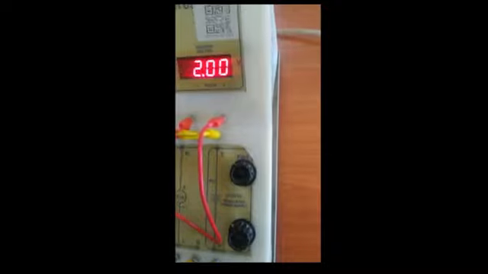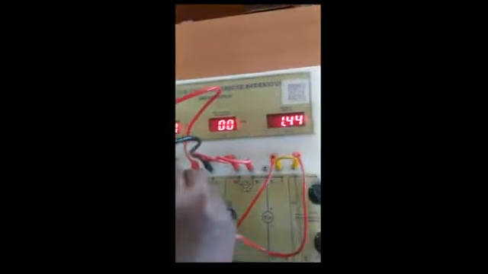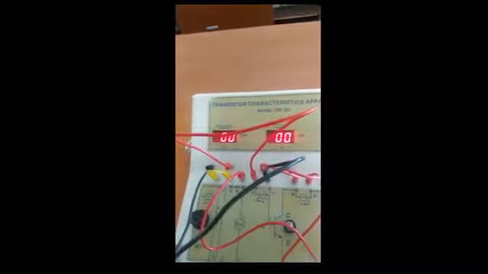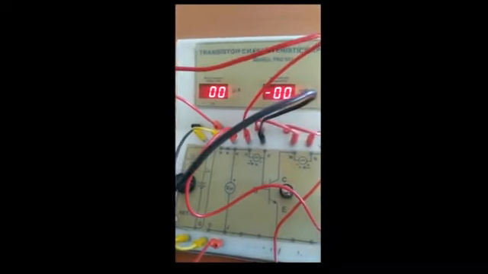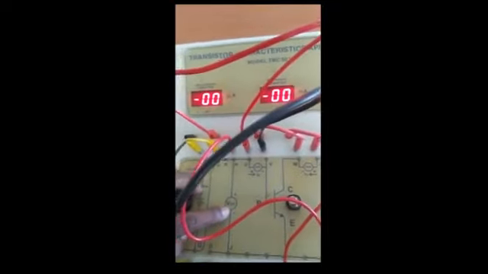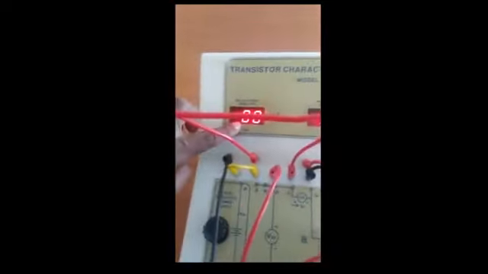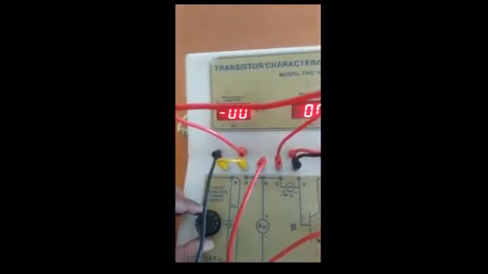Now we have to connect the patch cords across VBE, and then vary the VBE in steps of 0.1 volts, and measure the corresponding base current. This reading you have to measure.